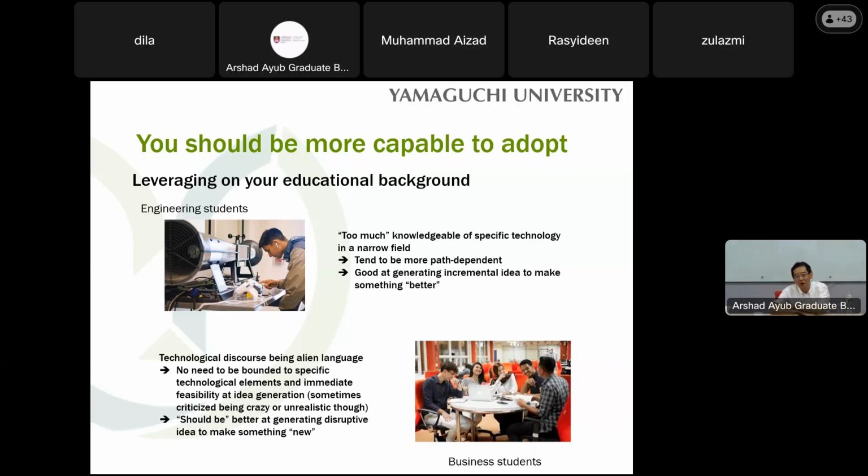And they are more inclined to be path dependent. So they are generating incremental ideas to make something better.